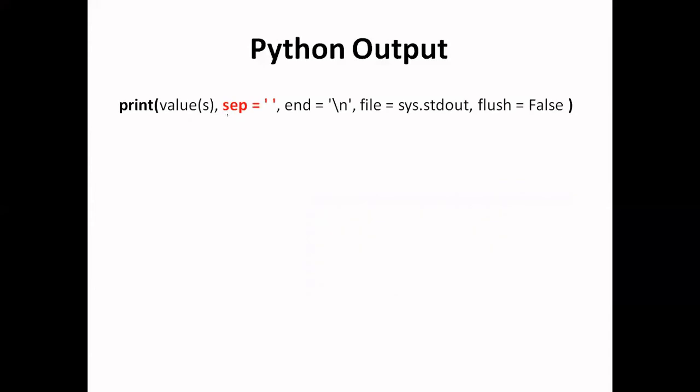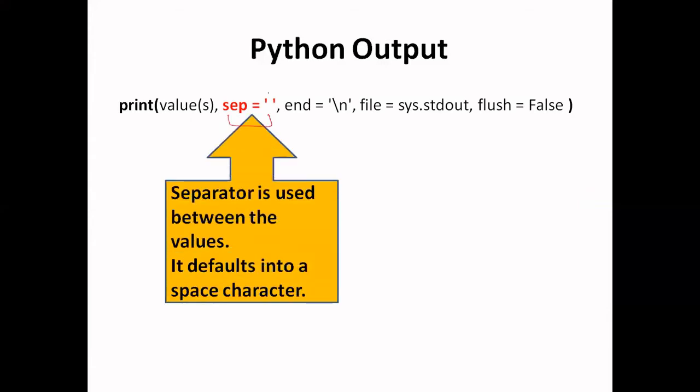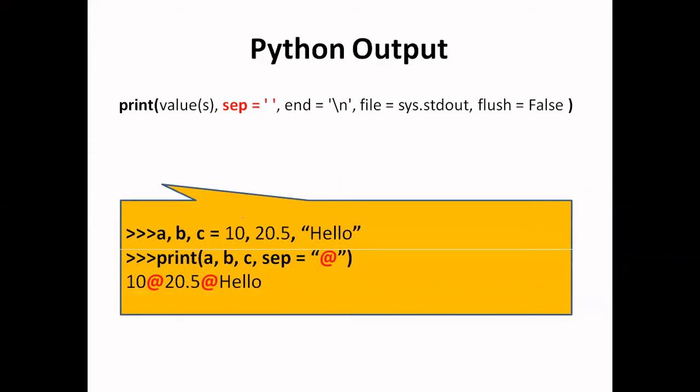Let's see our first keyword argument, which is sep, and its default value is a single space string. So let's have an example of this. In this example, I have taken three variables a, b, and c whose values are respectively 10, 20.5, and the string hello.